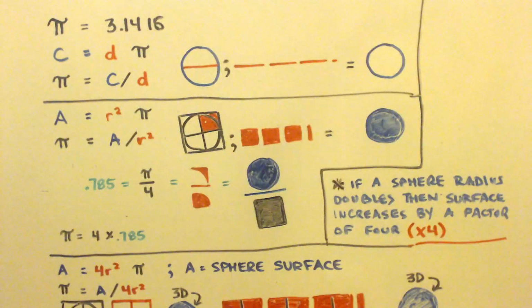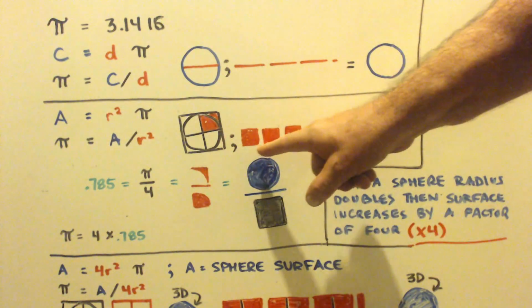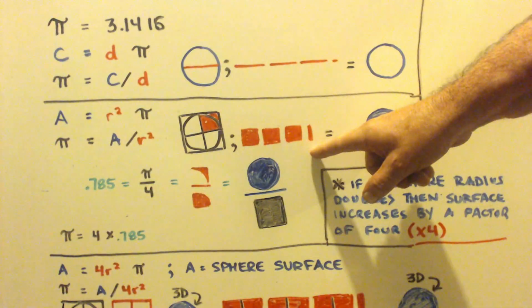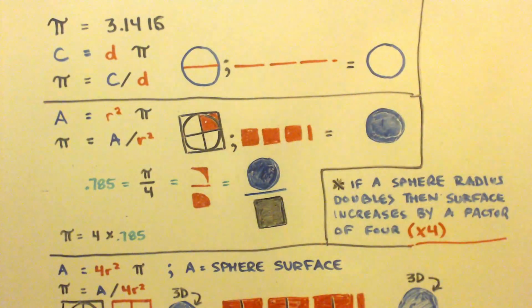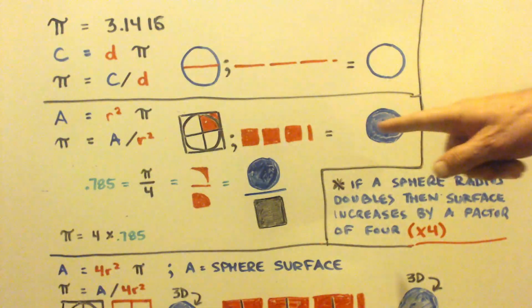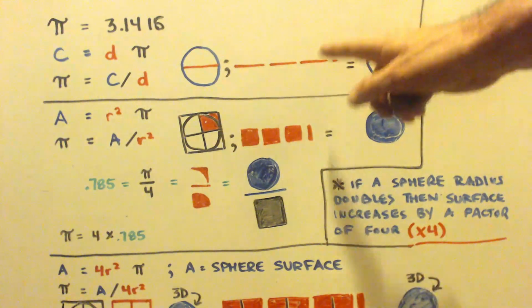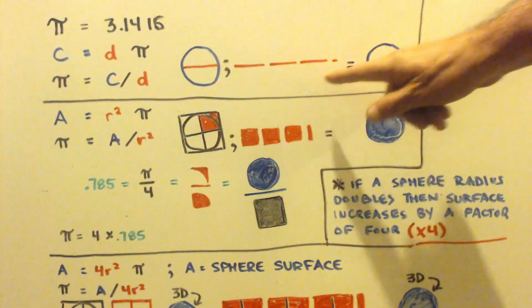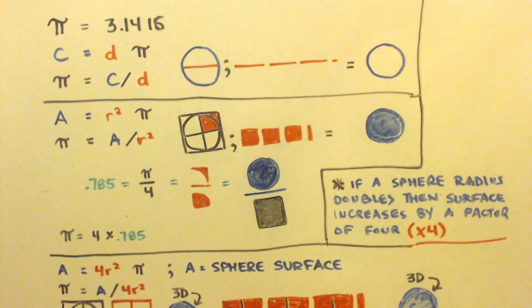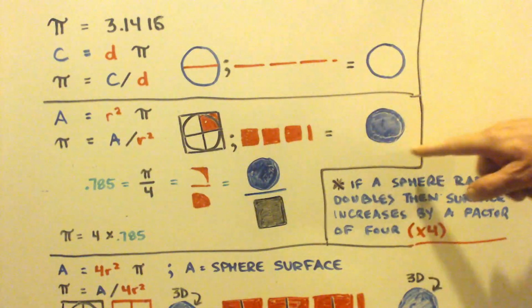And all it's saying is if you take this square and you get 3.1416 pieces of it, the area of all these squares will equal the area of this circle. It's a ratio, just like up here, 3.14 to 1 for circumference. 3.14 of these squares to this whole circle.